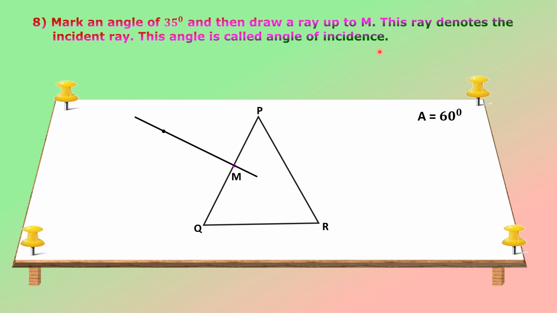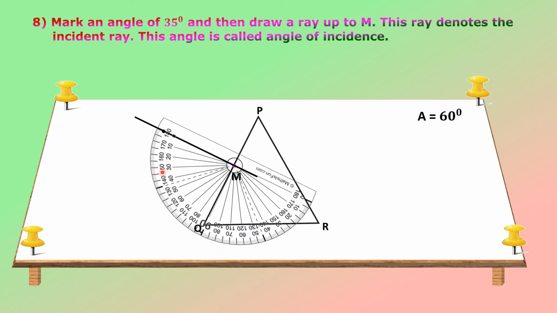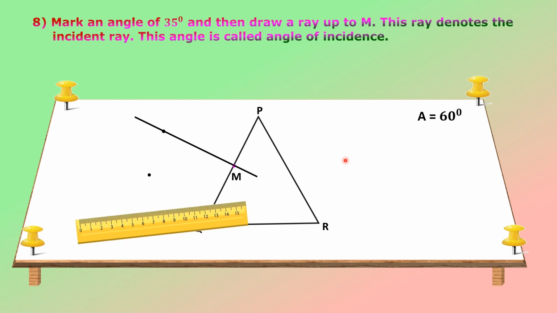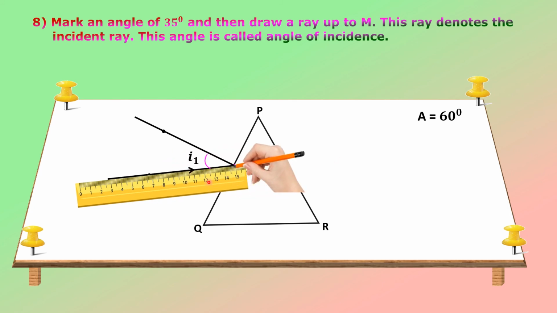Here I have taken the angle of incidence I1 as 35 degrees. First let us mark the 35 degrees angle here. Now let us draw a ray up to M through this point. This is the incident ray, and the angle of incidence I1 is 35 degrees.